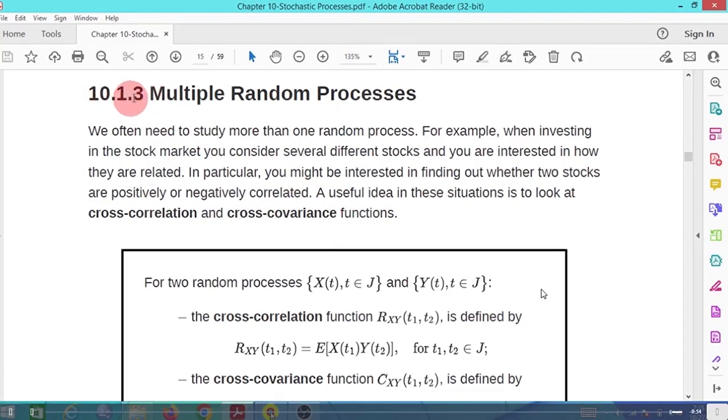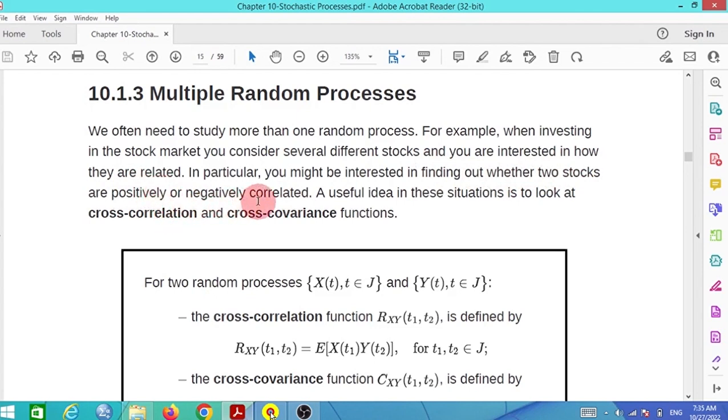subsection 10.1.3, named multiple random processes. We often need to study more than one random process. For example, when investigating the stock market, you consider several different stocks and you are interested in how they are related.